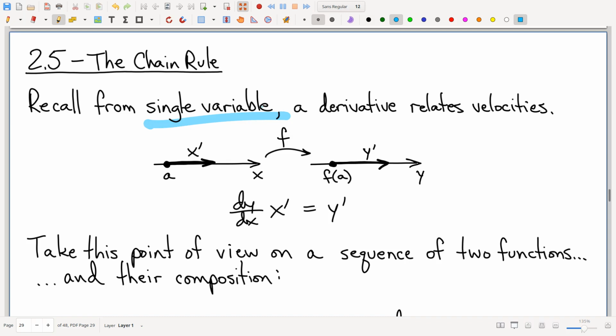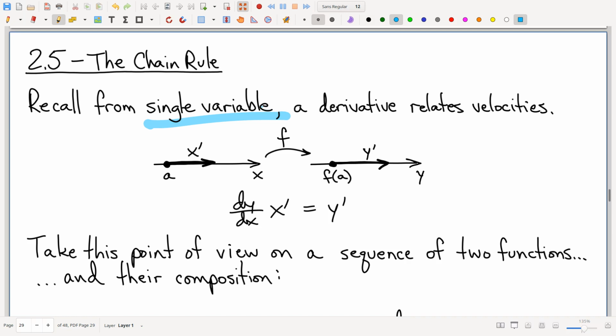Now, I know that y'all know the single variable chain rule. My purpose here is not to teach you the single variable chain rule that you already know. My purpose here is to set up a specific point of view on it, because if we take that very specific point of view on the single variable chain rule, that'll make it easy to extend to an analogous point of view on the multivariable chain rule.